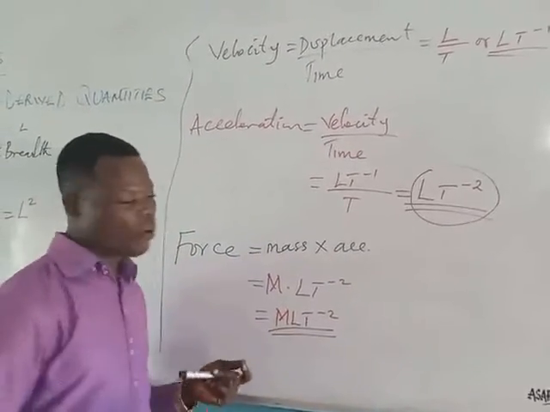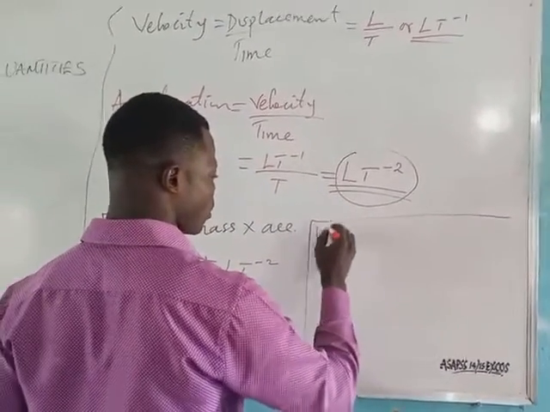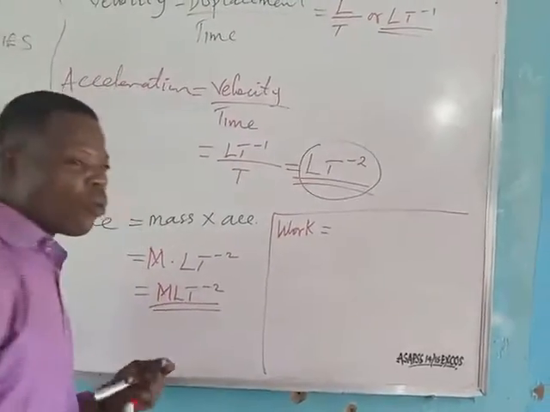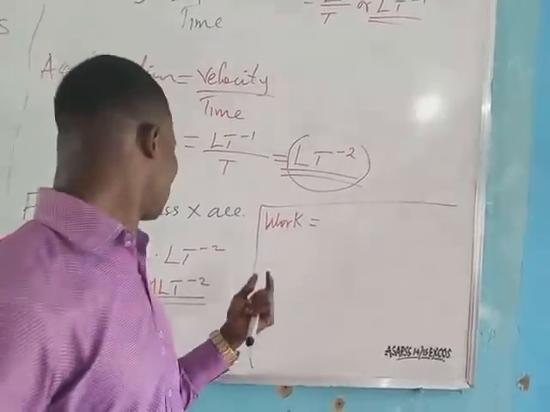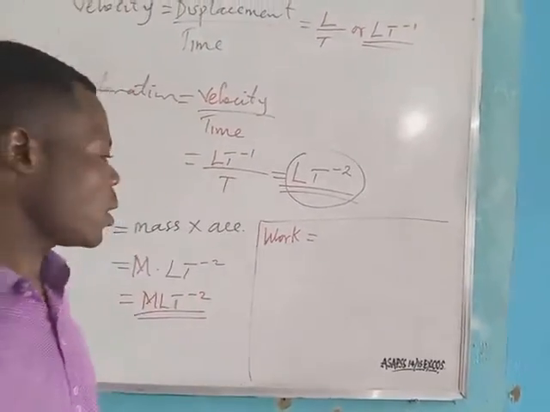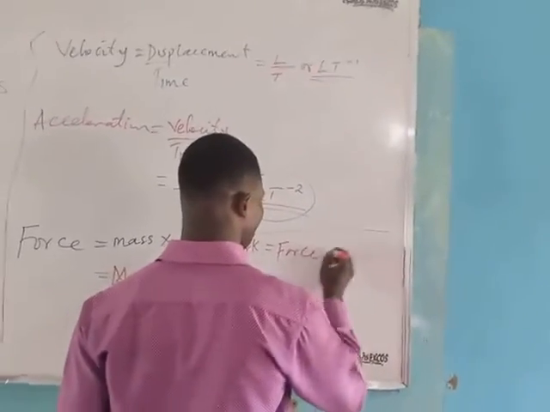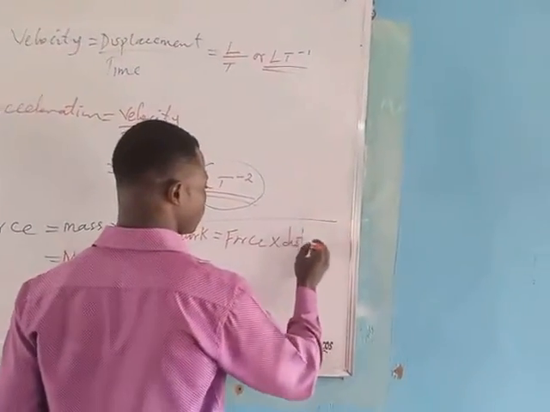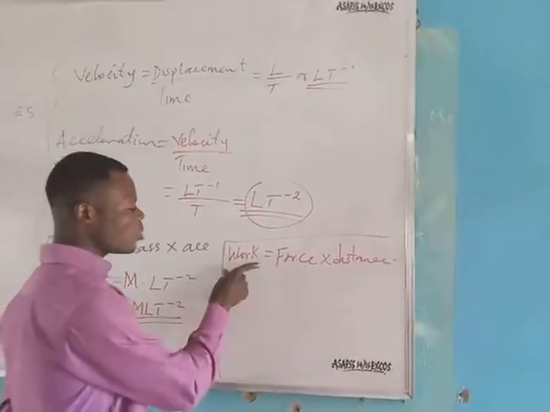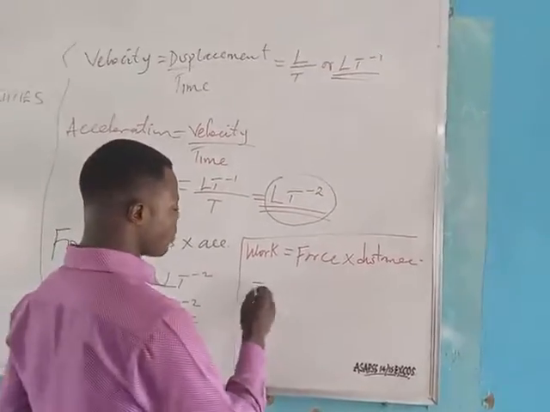We can also work for work, dimension for work or work done. So we know work is done when there is a force with a particular distance covered. That is force times distance. So this is the formula for work done. So to find the dimension of work, we are going to insert the dimension for force.